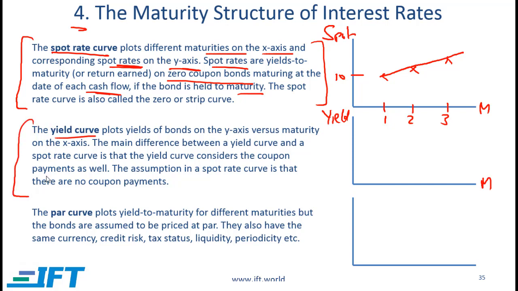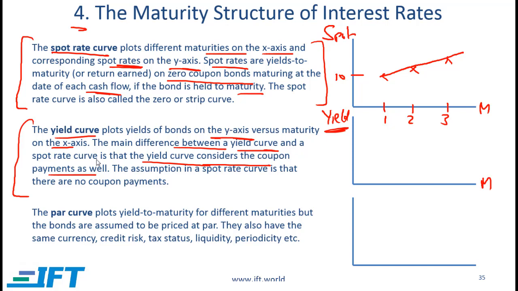Next we come to the yield curve. The yield curve plots yields of bonds on the y-axis versus maturity on the x-axis. The main difference between a yield curve and a spot rate curve is that the yield curve considers the coupon payments as well. When you think about yield to maturity on a 3-year bond, that yield to maturity considers the intermediate cash flow.